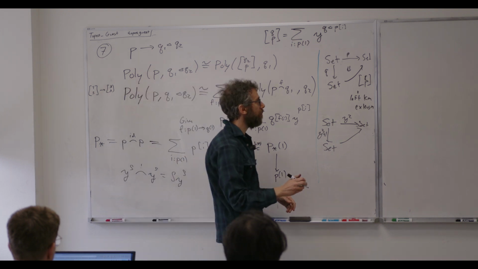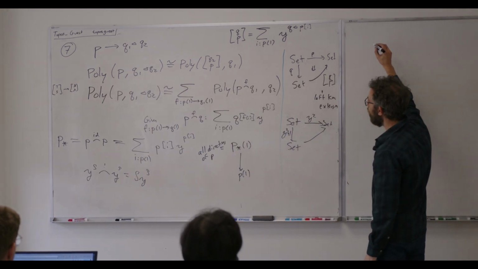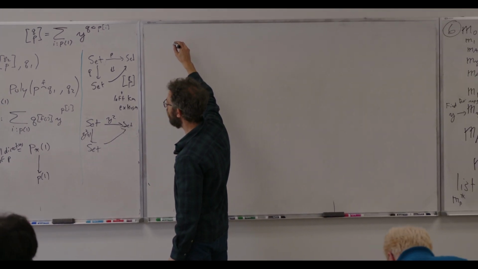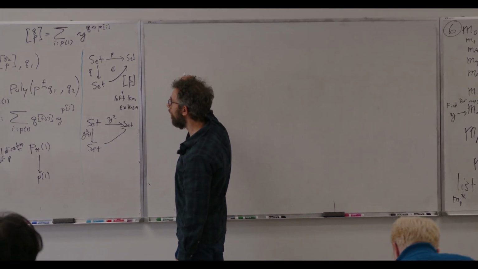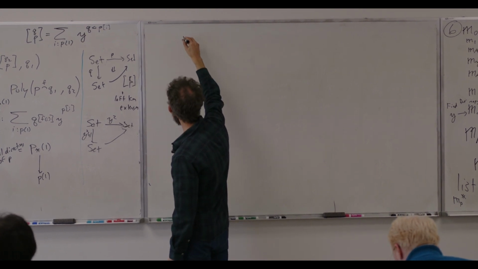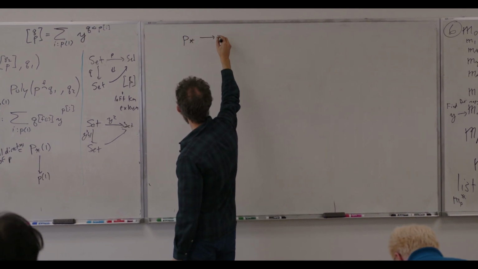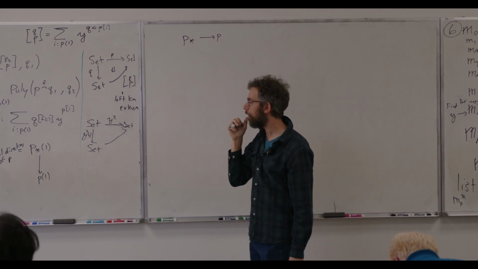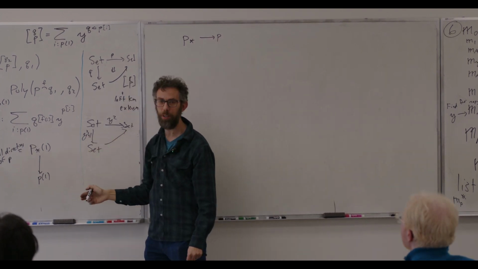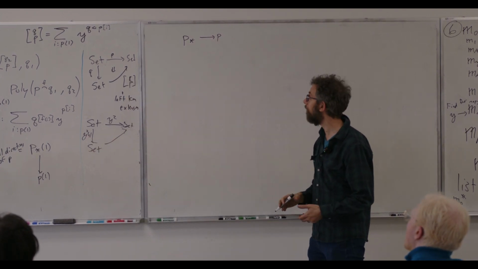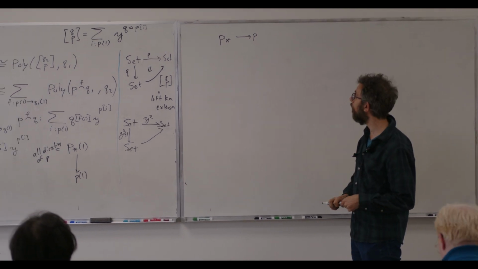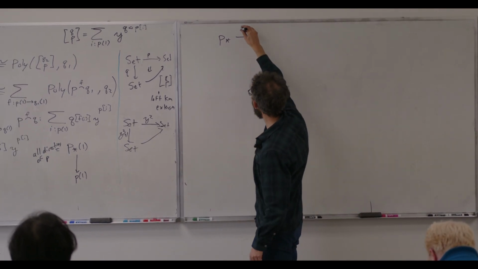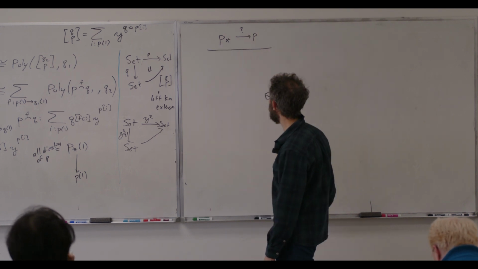Maybe we should do an example. Can you give me a map from P star to P? I told you there's this map, P star of 1 to P of 1, but in fact there's a map from P star to P. What would it be?